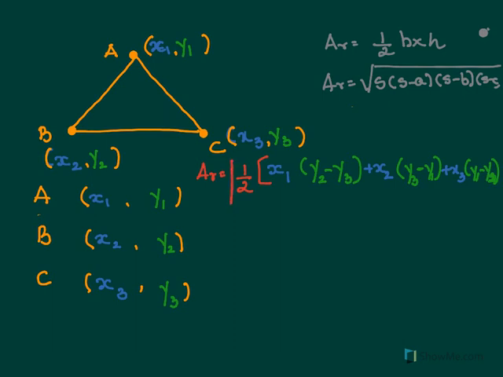We'll explain what the meaning of this modulo sign is, which means that within the bracket, even if you get a negative answer, you have to take the positive. I'll go through that again.